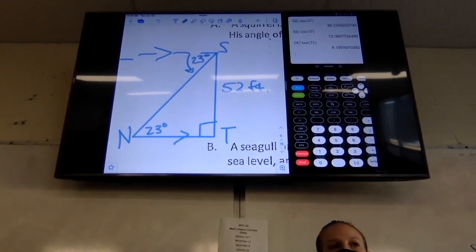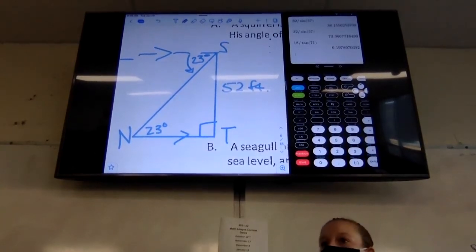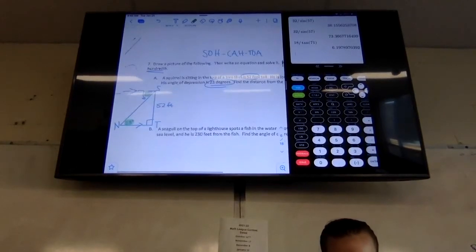Alternate interior angles. Hannah does. Good. Kind of a blast from the past, right? Alternate interior angles. I don't expect you to remember that theorem from geometry, but that's something we learned a long time ago that now we're going to use. Hint, that's your angle of depression and this is your angle of elevation. They are the same. They are the same always. Always, always, always. Okay, so that's helpful.